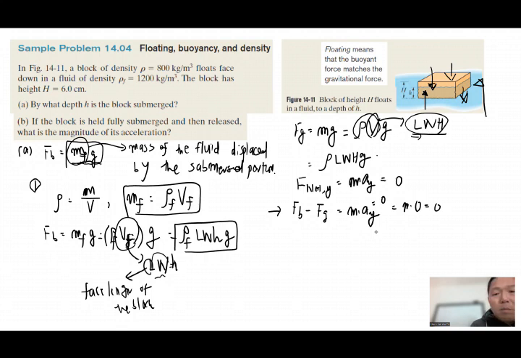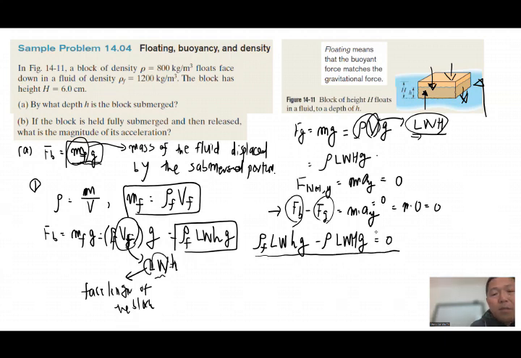Plugging the buoyant force and the gravitational force into this formula, we get ρ_f L W h g minus ρ L W H g equals 0. From that, you can find the relationship between the height of the box and the submerged portion of the box in the fluid. L, W, and g cancel out of the first and second terms.